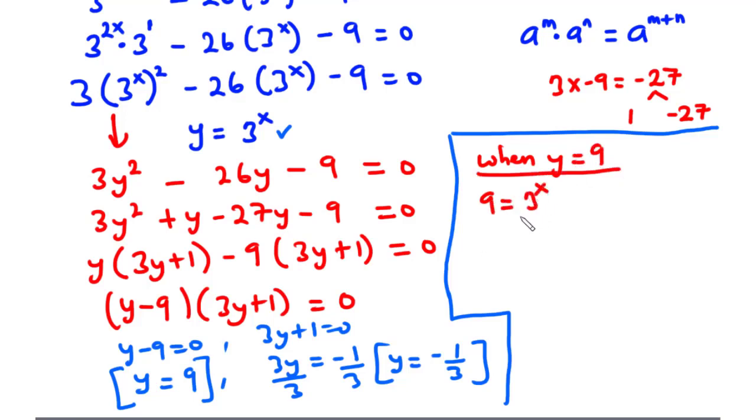Now don't forget that we need to make sure that the bases are the same so that we can compare their exponents. Now 9 is equal to 3 squared. So we have 3 squared equals 3 exponent x. So because their bases are the same, we can compare their exponents. So straight away, x is equal to 2.